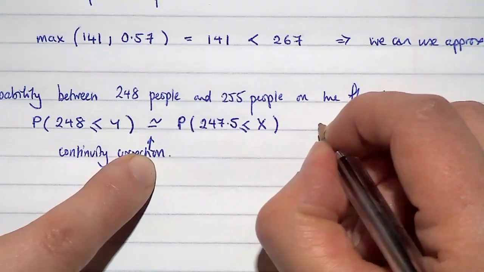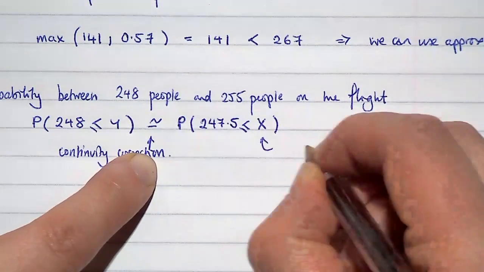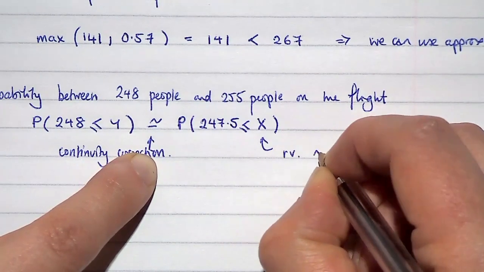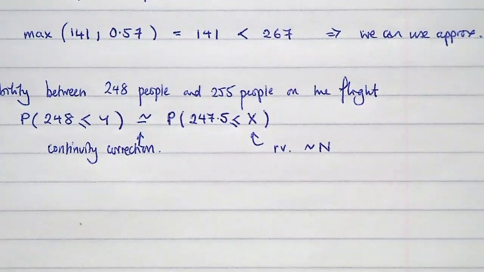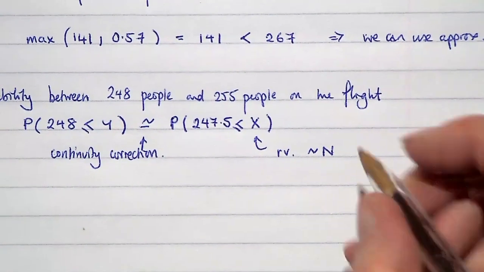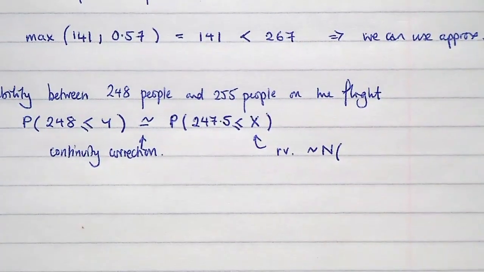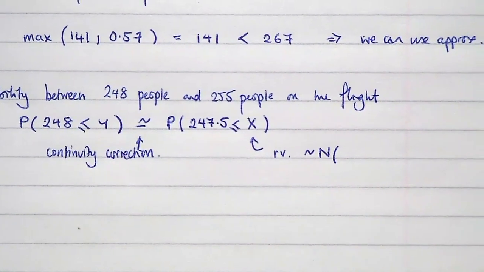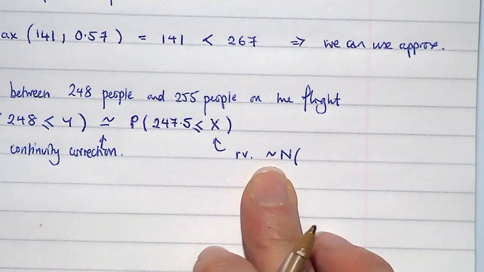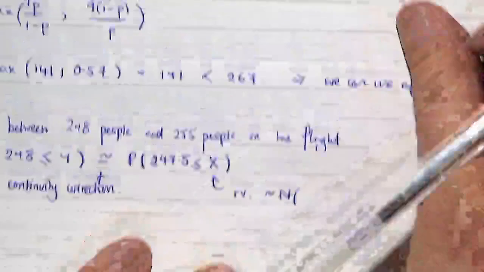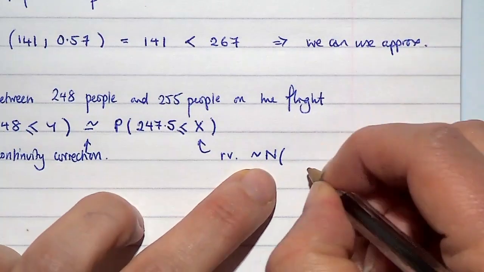And here, x is a random variable which is distributed normally with parameters similar to y. So the mean of the random variable x is going to be the same as the mean of the random variable y. So this one has 200.